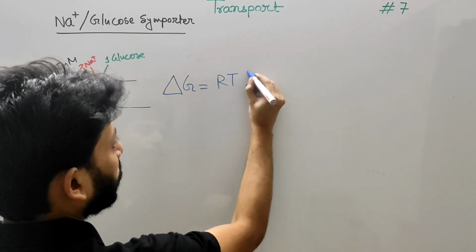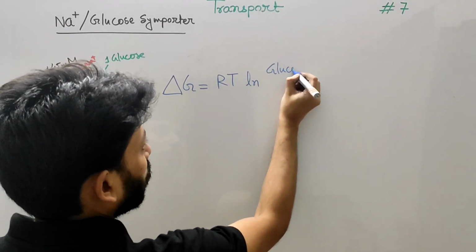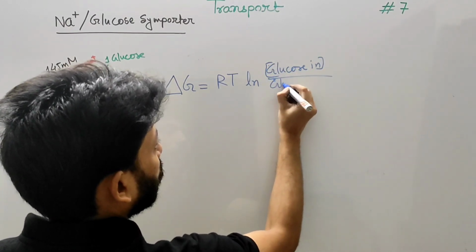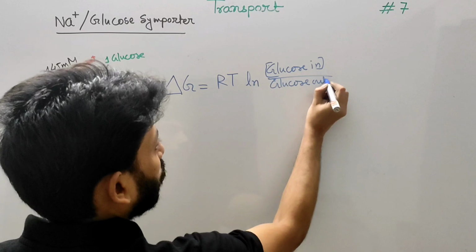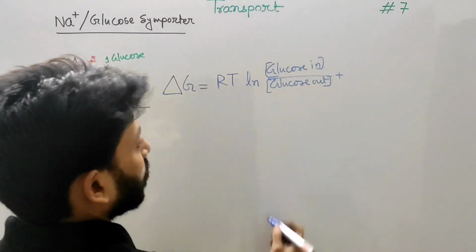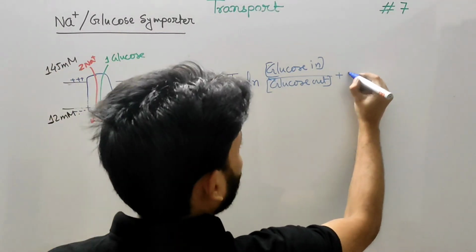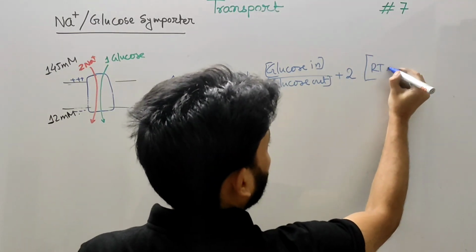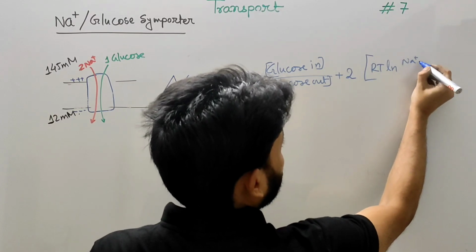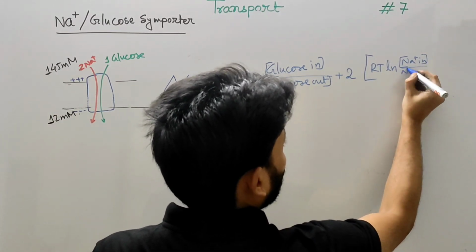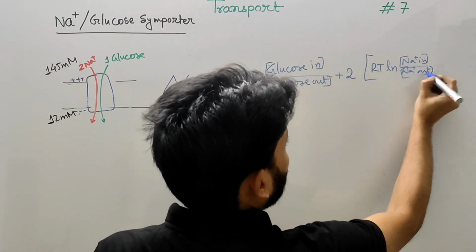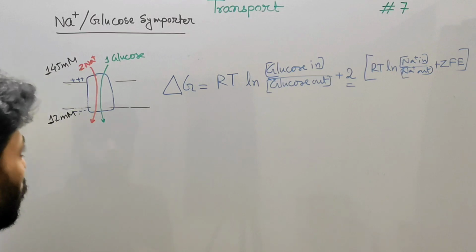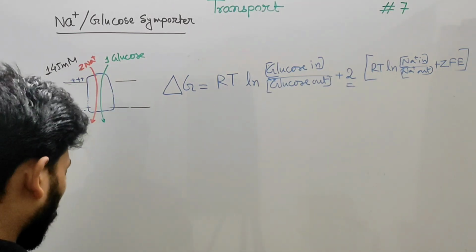So the formula will be RT ln of glucose inside divided by glucose outside, plus, because two sodiums are moving, we write 2 times RT ln of sodium in divided by sodium out, plus ZFE multiplied by 2, because two sodiums are moving and in this case one glucose is moving.